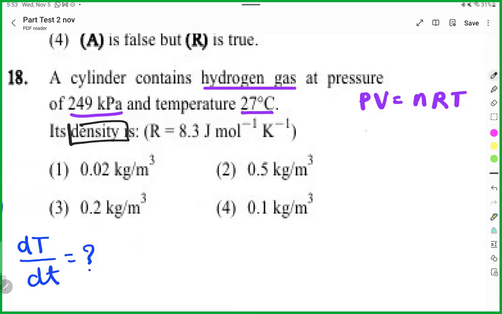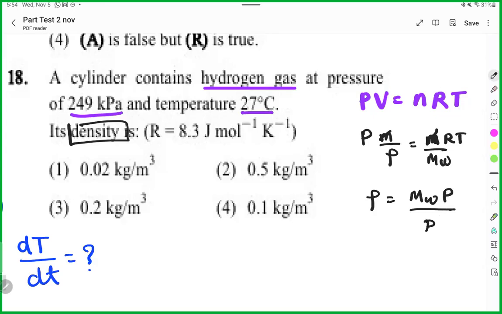Instead of volume, can you write volume is equal to mass by density? So mass by rho is equal to nRT, and n is equal to mass by molar mass. This cancels. Can you say density will be M pressure divided by RT? Yes or no?